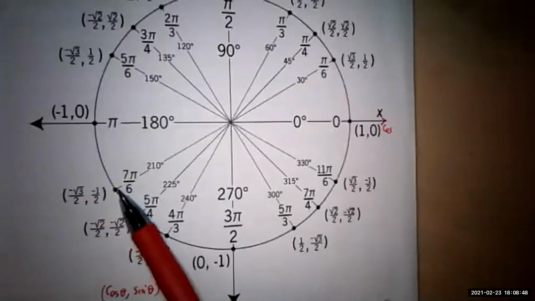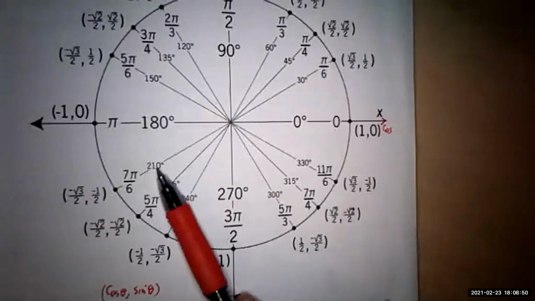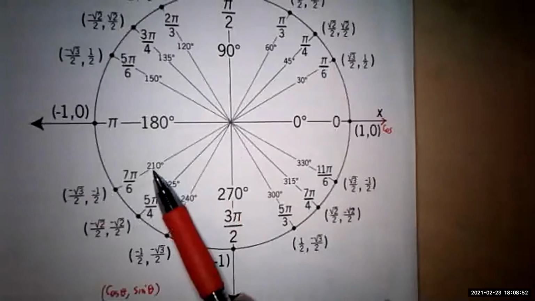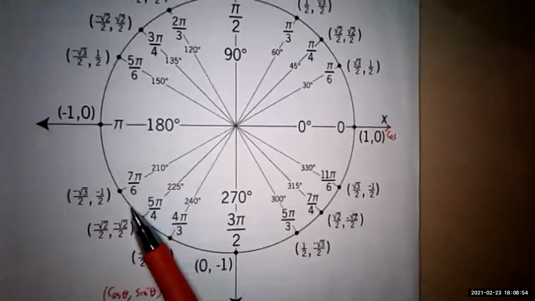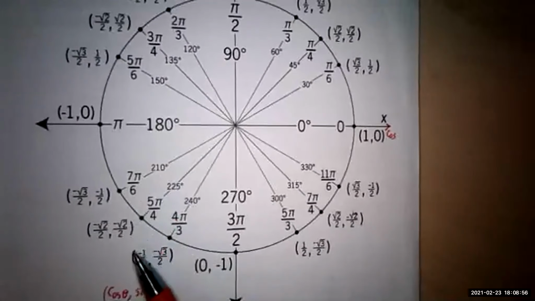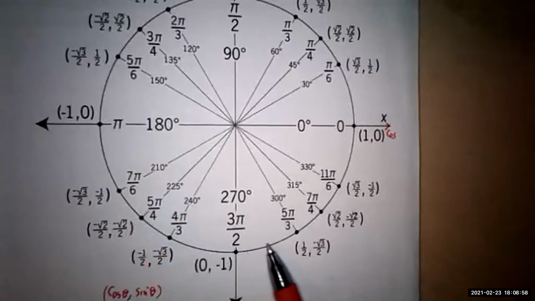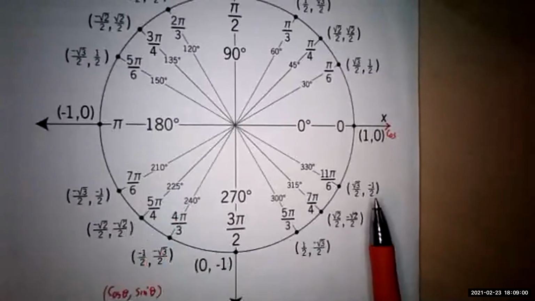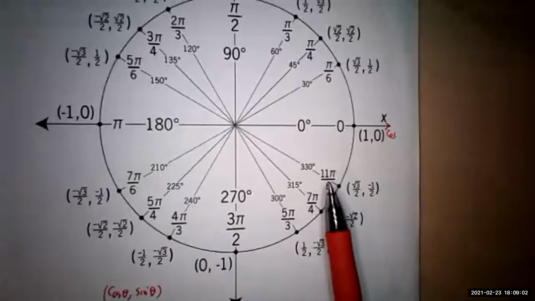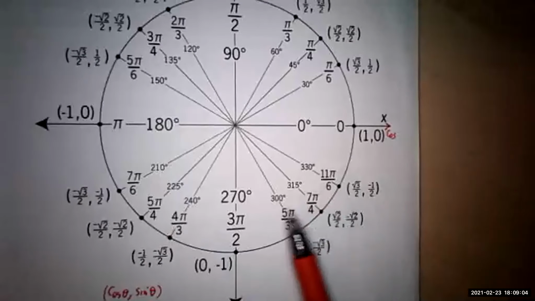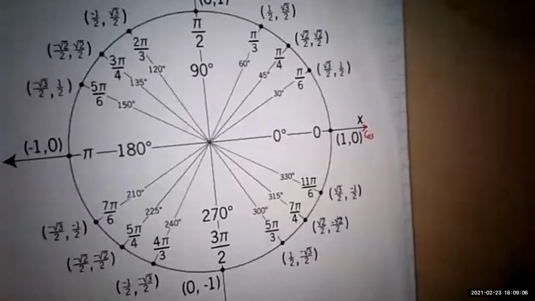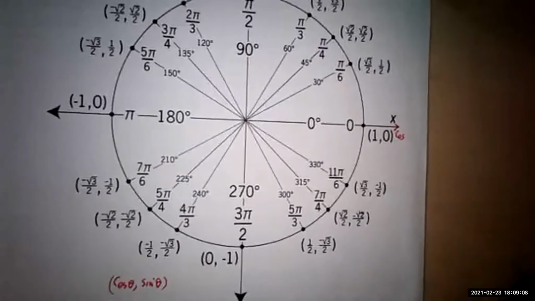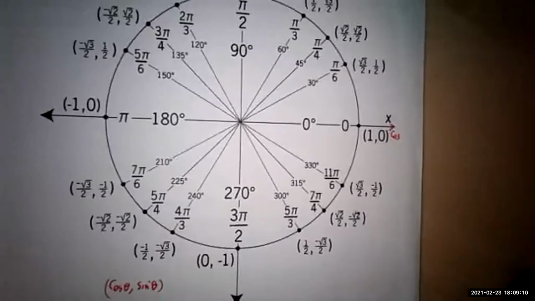In this case, it is the sine of 210. If you go around, you will get another one over here, which is 11 pi over 6. This type of interpretation is so important in Calculus 1 if you want to take that course.